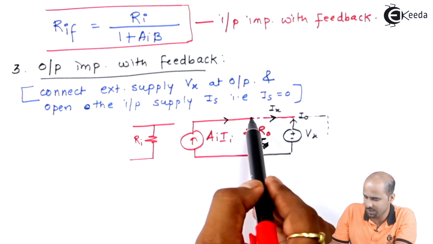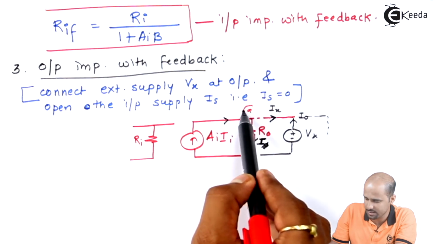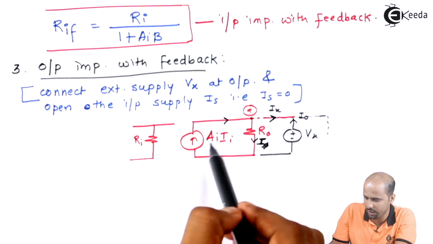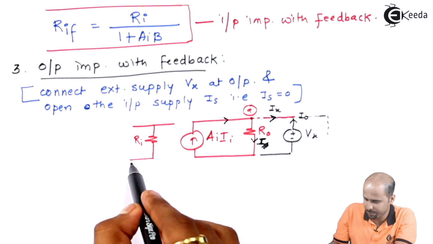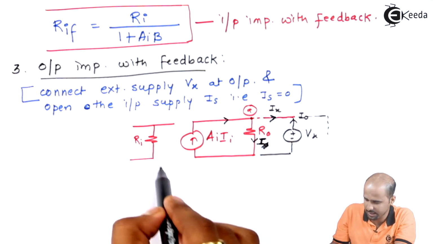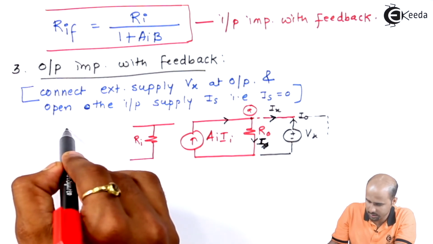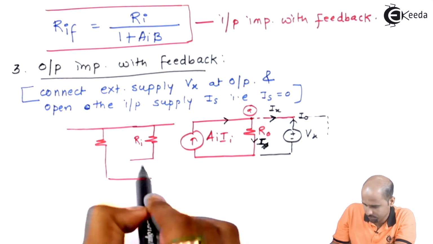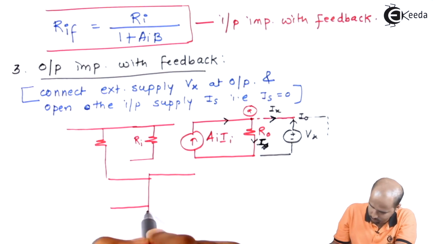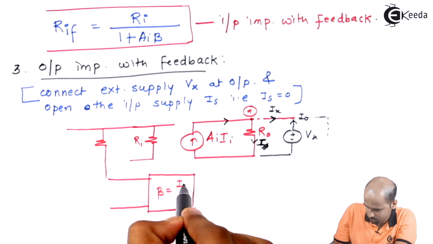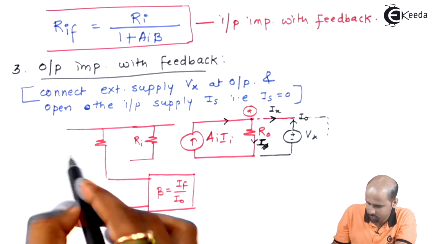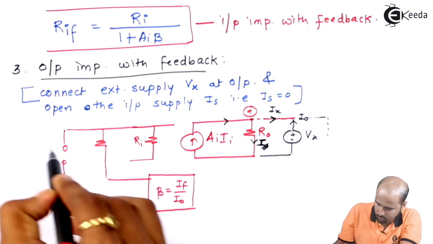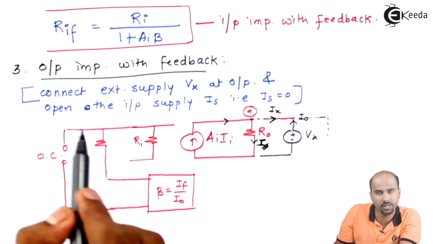So if I apply the KCL at node A, the left part is this, such that I'm saying the current IS is open circuited, right?